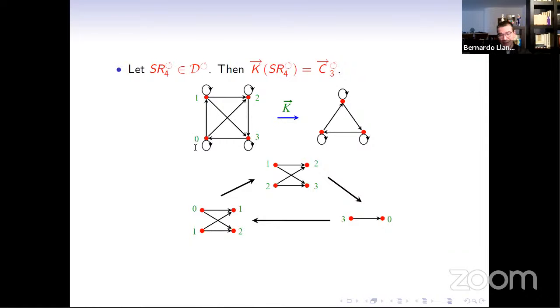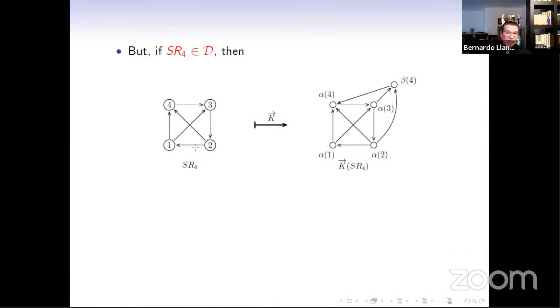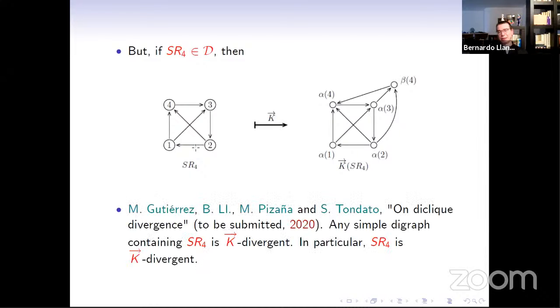The image is a cycle, and here we have a couple of papers on this diclique digraph. This is the second one, and almost the main part of the paper is the proof that really this digraph did diverge.